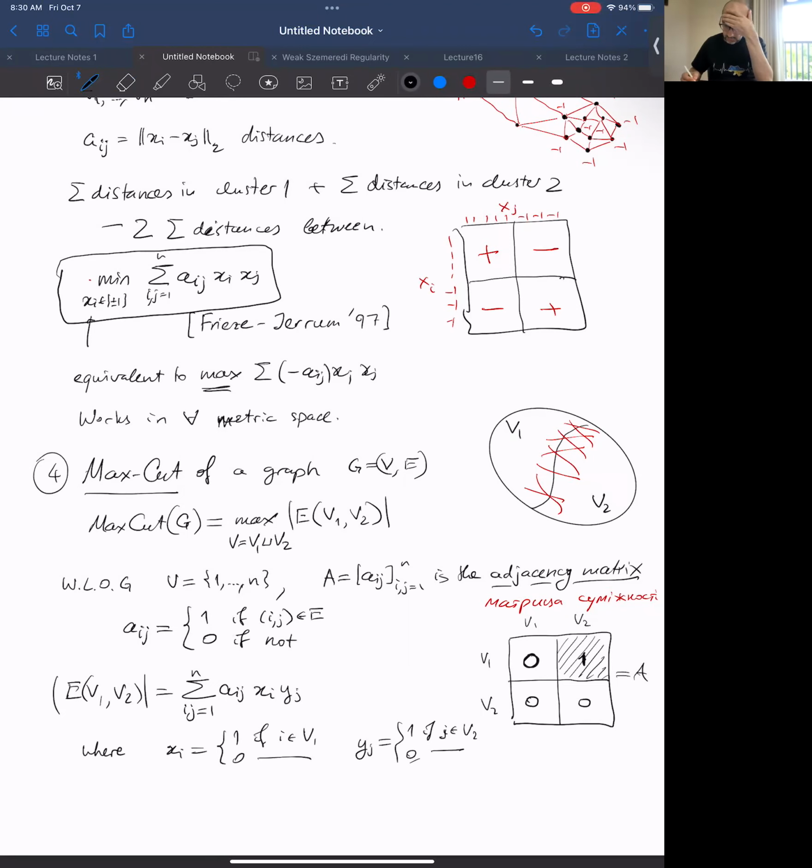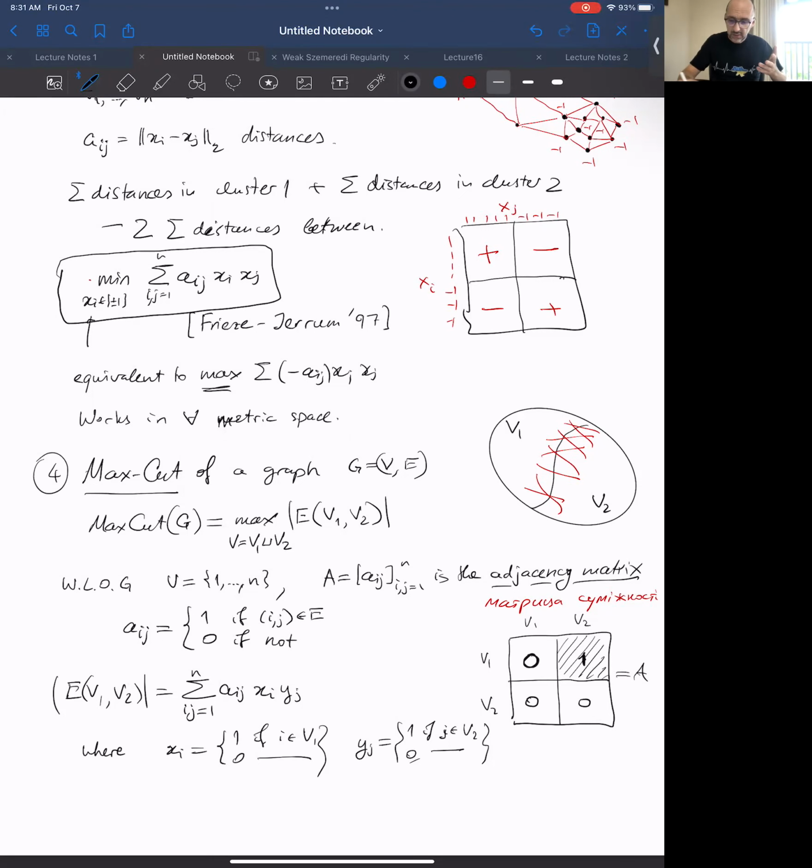But that's a bilinear form. Not quite. I just want to get rid of yj's here. But it's symmetric, so can we just count twice those quadrants and divide by 2? We can, but it's still bilinear. You'll still get yj's this way. Yeah, we'll do xi yj plus yi xj. I just want to have xi xj or something like that, and get totally rid of yj's.